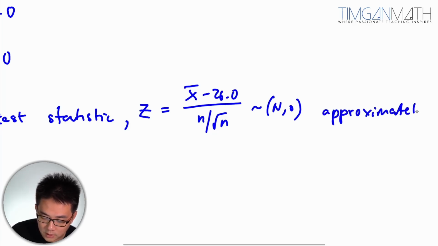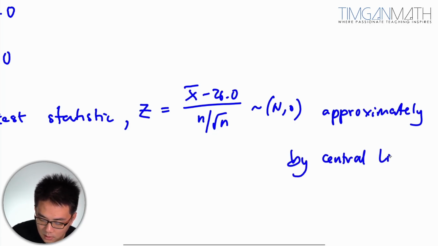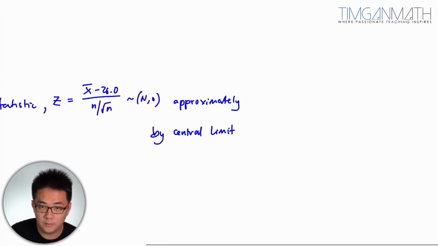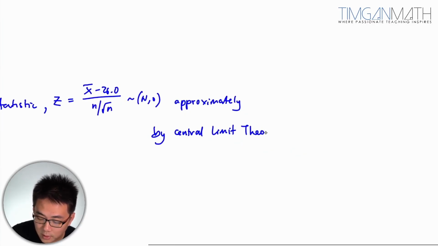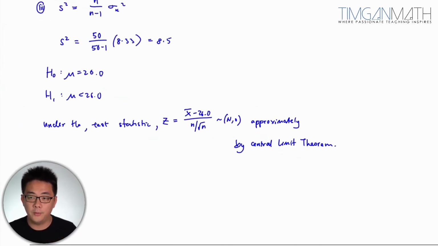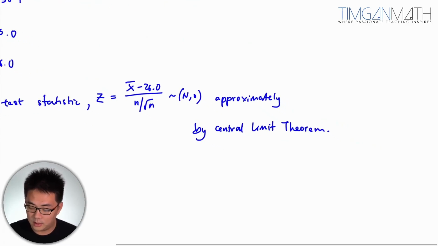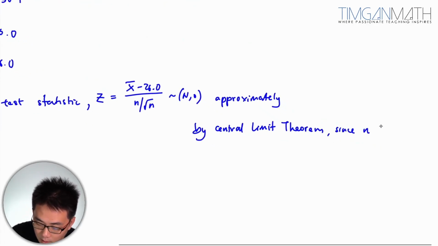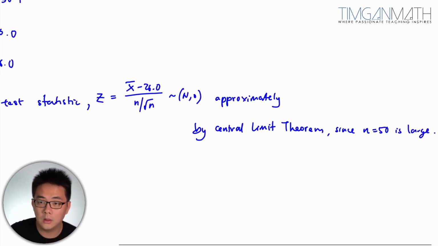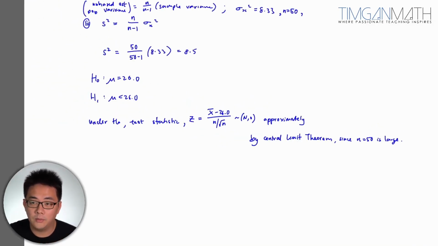This is important, this is by the central limit theorem. You have to use the central limit theorem here, since n is sufficiently large. So that's under H0. That's what you're going to do.